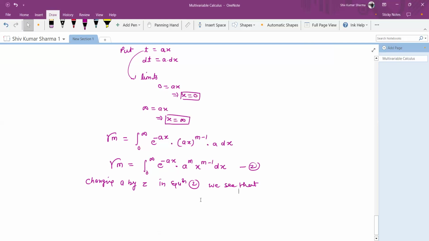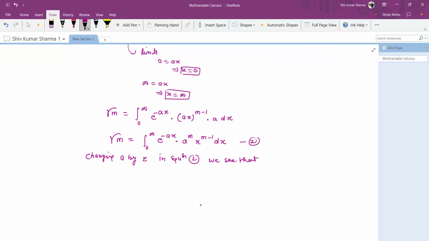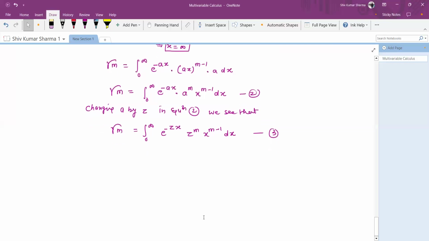When we change a to z, we write gamma m is equal to integral 0 to infinity e raised to the power minus zx, z raised to the power m into x raised to the power m minus 1 into dx. This we call equation number 3.